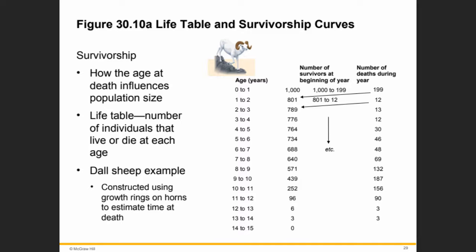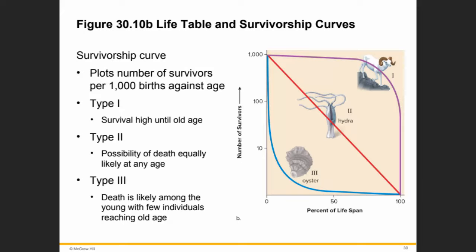Let's continue with this survival curve. So let's plot those numbers of survivors per 1,000 against the age.